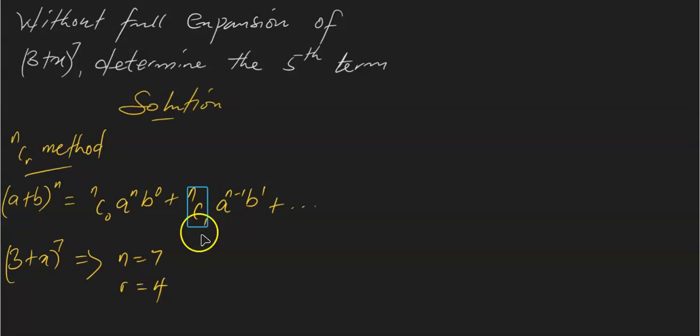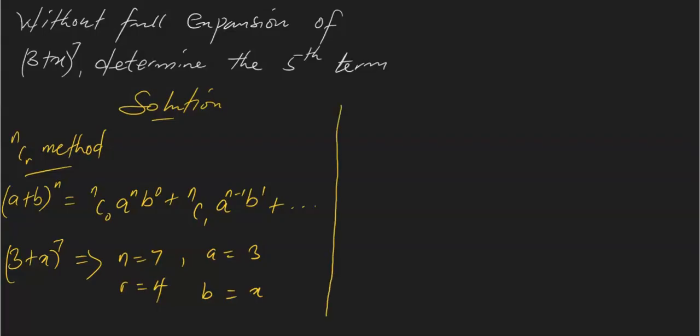So when we are finding the fifth term, r should be 4. Then we're still collecting data here. In this case, a will be 3, then b will be x. Looking at the question that we have, this is the data that will apply.